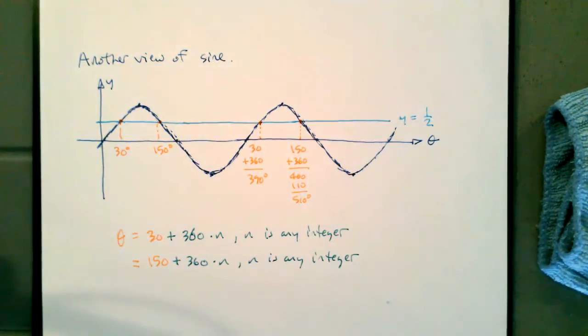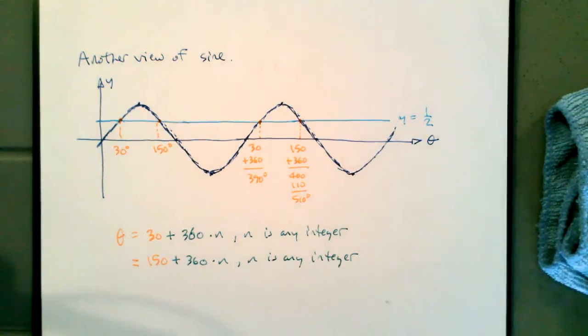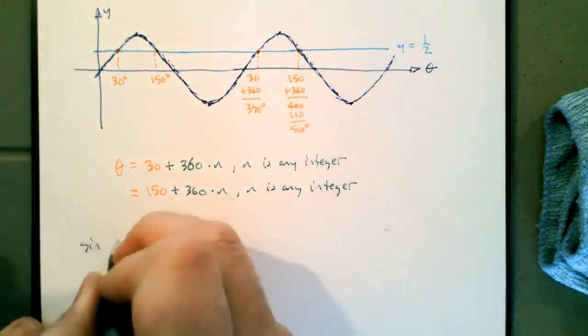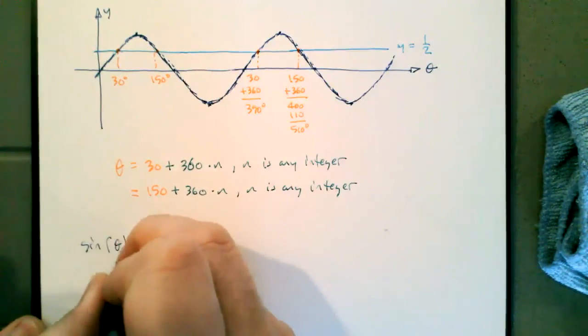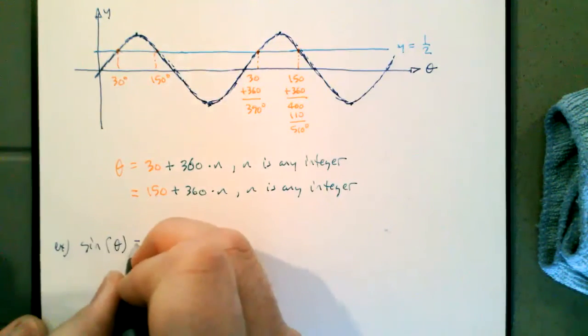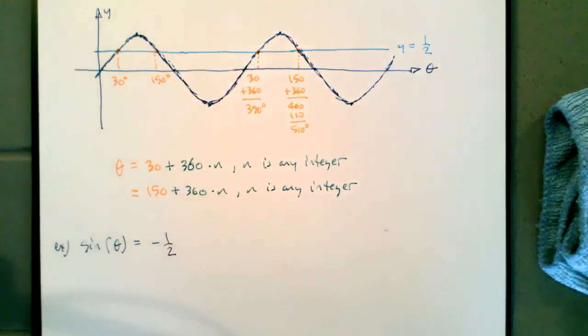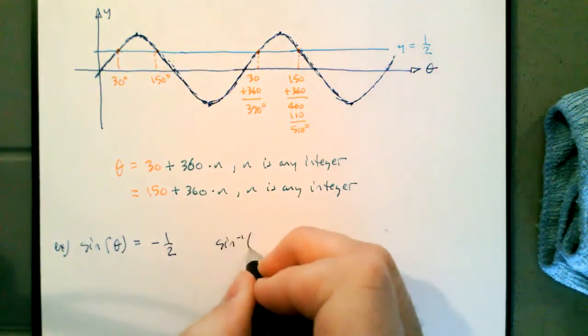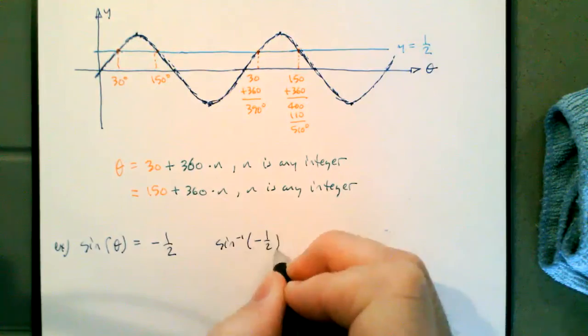So if we have an equation involving a negative, let's say sine of theta is equal to negative 1/2. Here's a different equation. Now, if we try to sine inverse of negative 1/2, we'll get a different value.